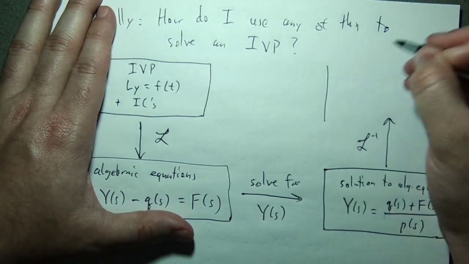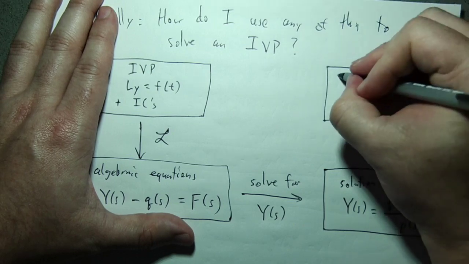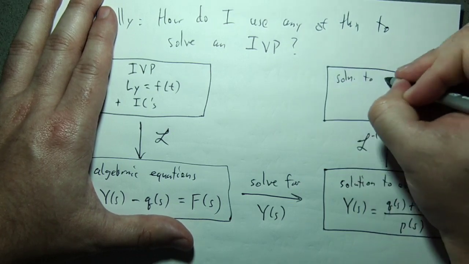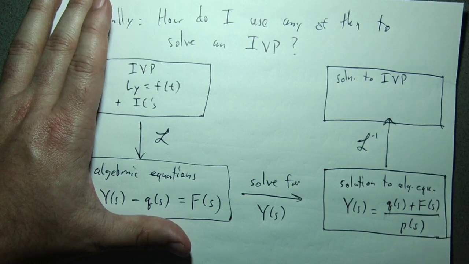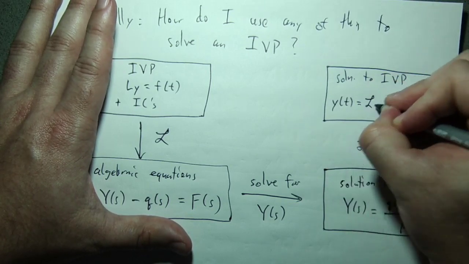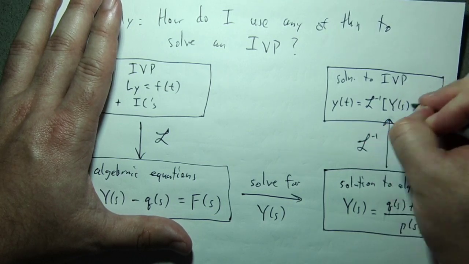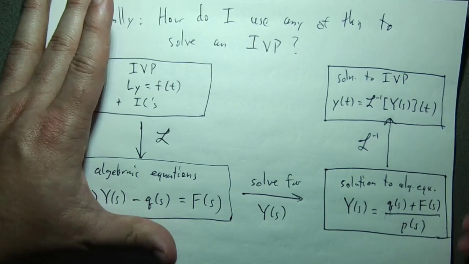And what that gives me is the solution to the IVP. And that solution is little y of t, which is the inverse Laplace transform of big Y of S, of t.